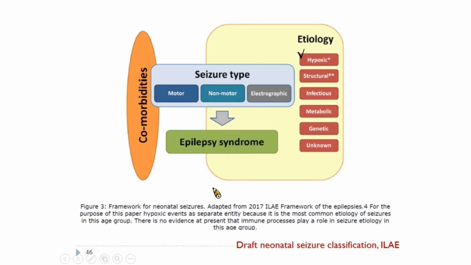Another adapted framework in the etiology, hypoxic is highlighted and separated from structural because it is the most common etiology in this age. Still, it is preliminary. We are expecting an official document to come out in the near future.